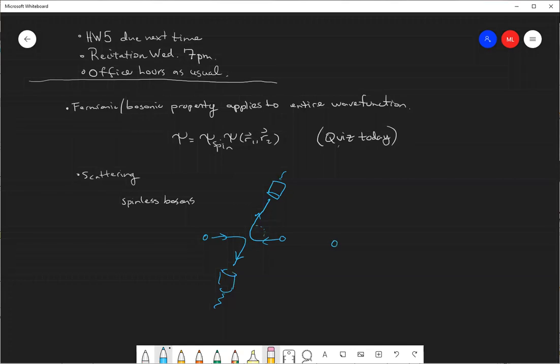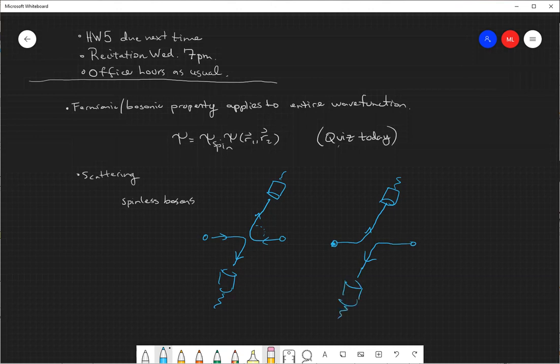So you can think about the other possible process, which is that the particles exchange roles, and it's the one on the left that goes into the upper detector, and the one on the right goes into the lower detector. But these processes are indistinguishable.